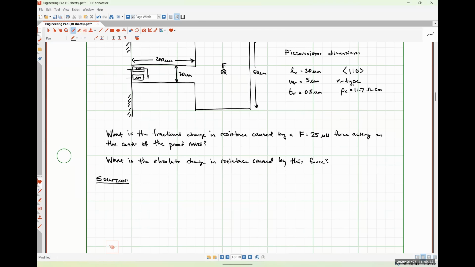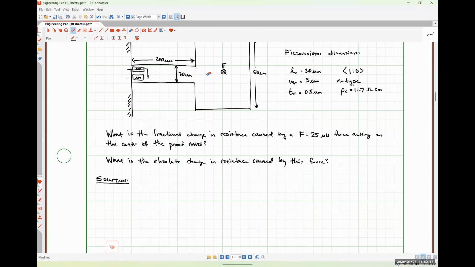Maximum stress occurs at the anchor point. So we probably want to integrate our piezo resistors where maximum stress occurs, because that way we'll get the largest electrical signal out of them. So if we're doing this at the maximum stress point, we should see the maximum change in resistance. If we had integrated it over here, we'd get practically no signal, right? So we want to place them at the points where they're going to see the most stress. We'll talk about that a little more in a moment.